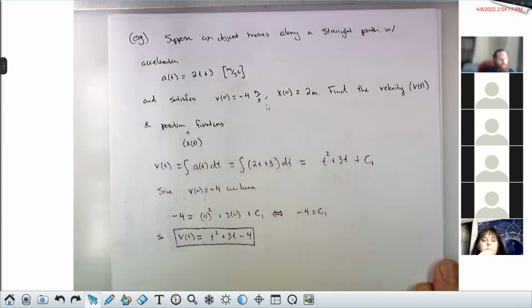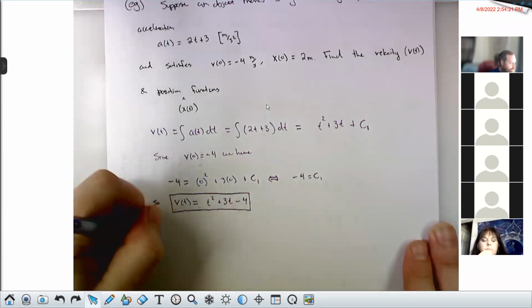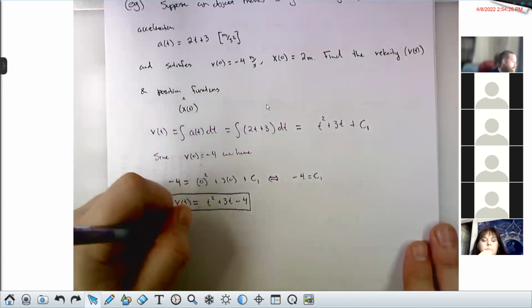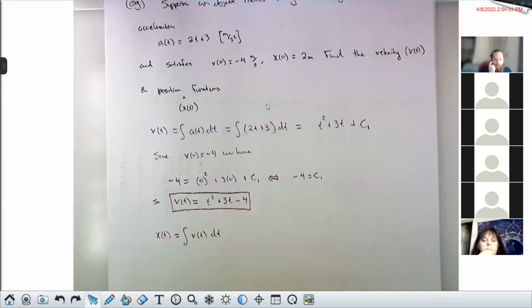And if I wanted to additionally recover the position function, I know that position should be the antiderivative of velocity. So it's the same thing, just now working with the velocity function that I found in the first part.